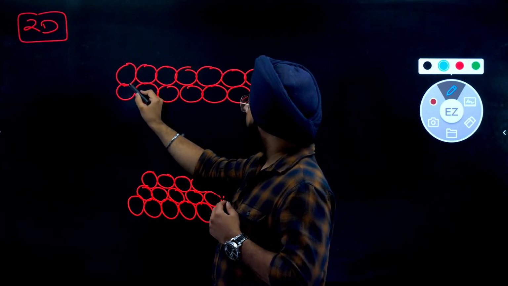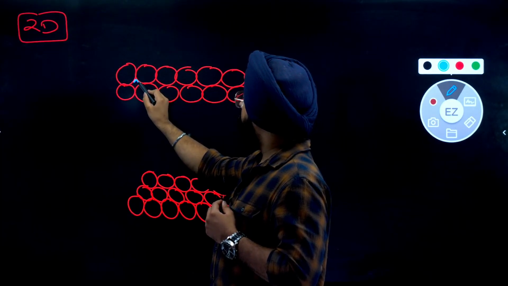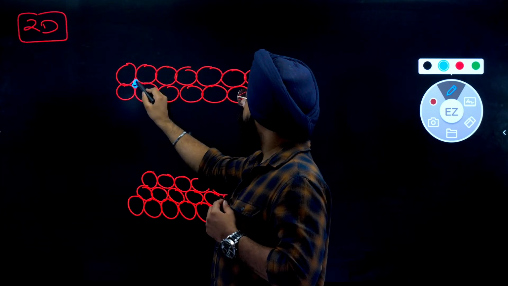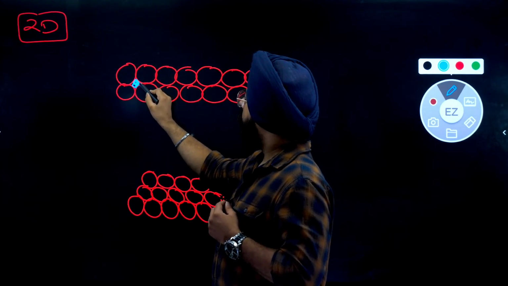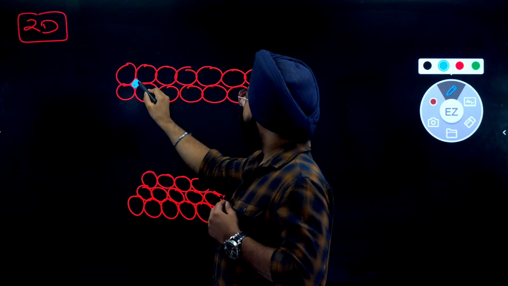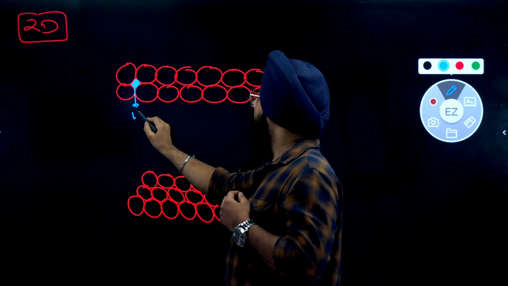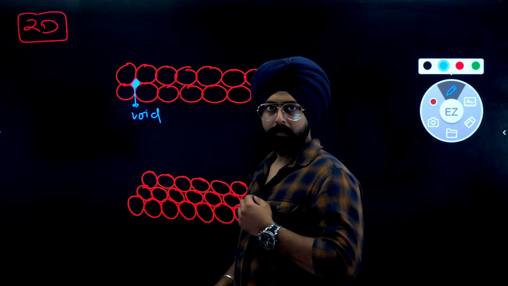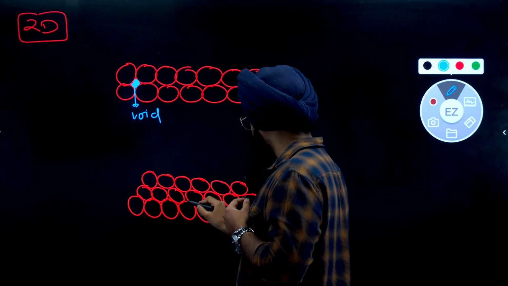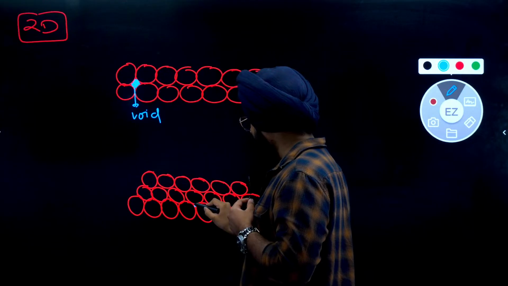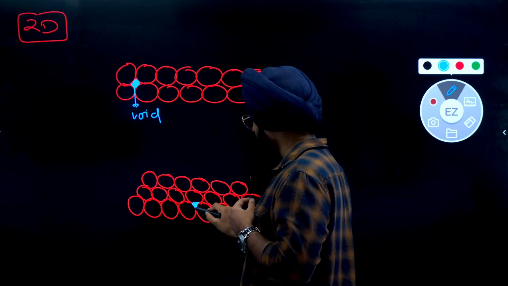Now over here, my dear friends, do you notice this particular gap? This gap basically is known as a void. Do you notice this triangular gap over here, this tiny little triangle?